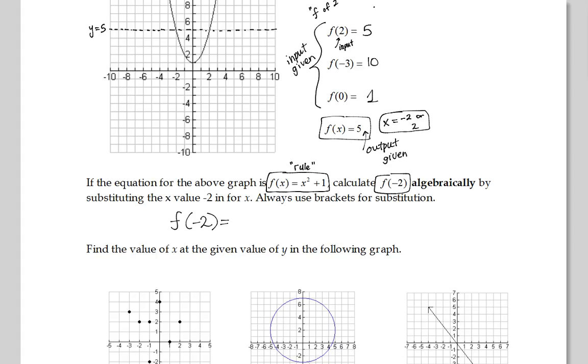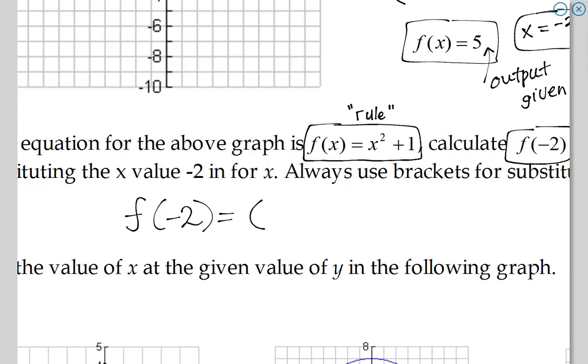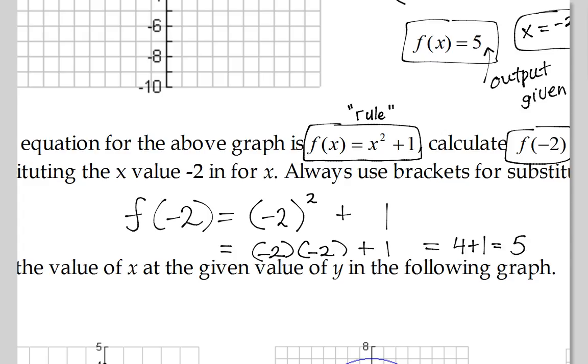You just substitute in, where you see an x, just put a bracket. And what goes in that bracket? Negative 2. Good. Negative 2 squared, that's negative 2 times negative 2, plus 1. Order of operations, BEDMAS, do that multiplication first. Negative 2 times negative 2 is negative 4? Positive 4. Okay, and then 4 plus 1 is 5.